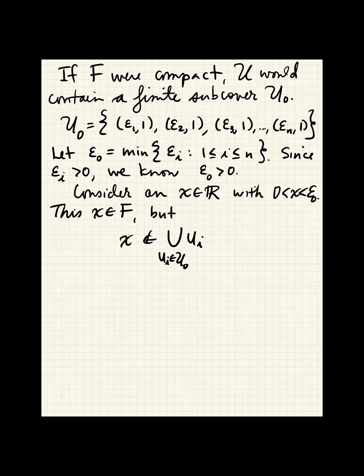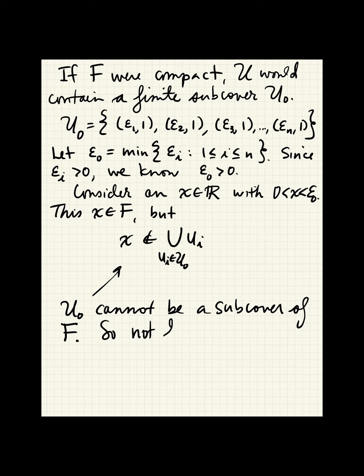So what I've just demonstrated is that given any subcover, or purported subcover of my interval F, I can always find an element in F that's not in that subcover. That purported subcover. So this shows U naught cannot be a subcover of F. So no finite subcover of F exists.